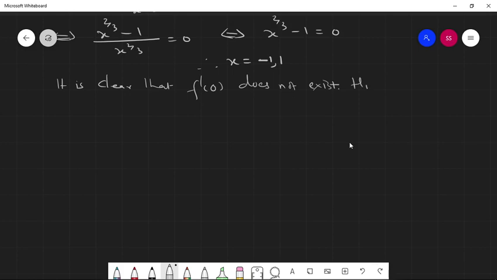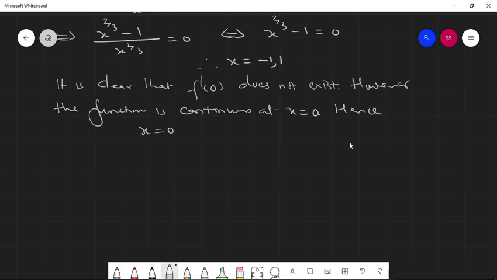However, the function is continuous at x equal to 0. Hence, x equal to 0 is a critical point.